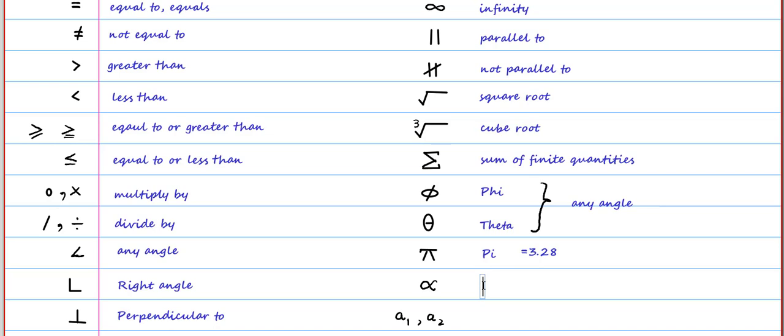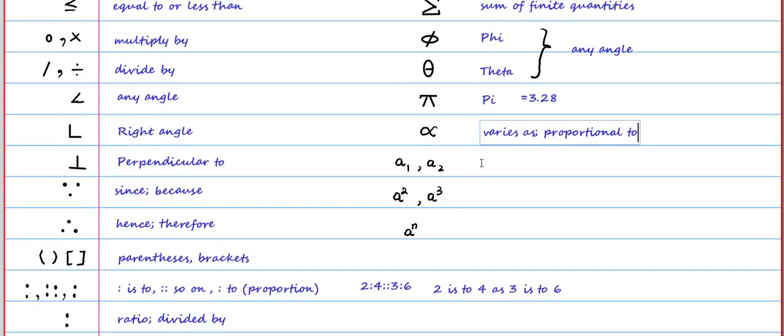What does this symbol show? This symbol means varies as. If something is varying, changing, varies as, or we can also call it proportional to something. And what does this mean? This means a sub 1, comma, a sub 2.